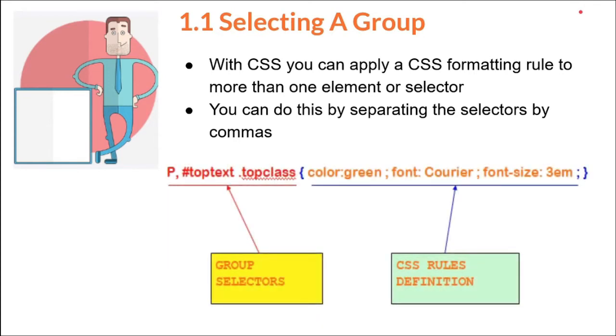For example, we have a paragraph selector, a comma, then an ID selector, and then a top class selector. These are grouped together. Then in brackets we have the rule definition: color green, font courier, font size 3em.